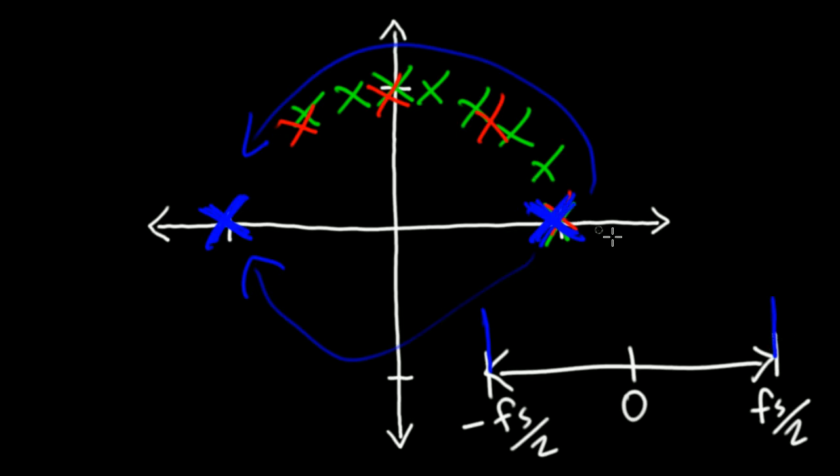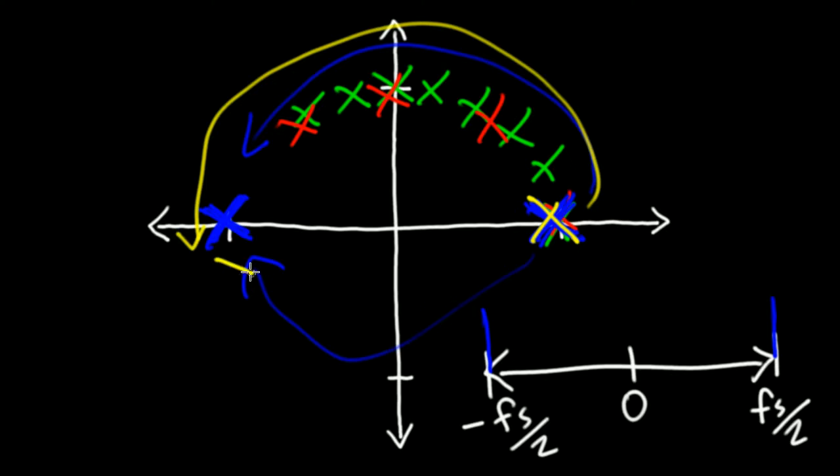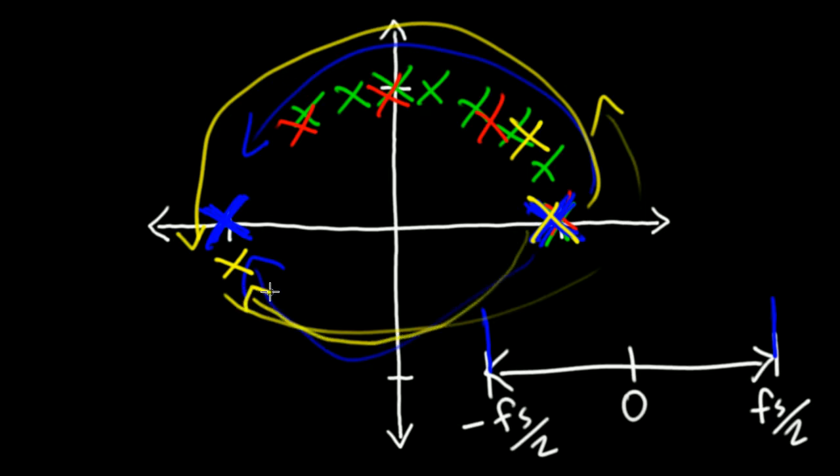If we increase the frequency further, then we go a little bit more than half a turn over to here. And then the next one is a little bit more than half a turn over to here. But you can think of that as being a little bit less than half a turn in the negative direction. So what we see as we increase the frequency this way, we see it wrap around over to here, and our spike is right there.